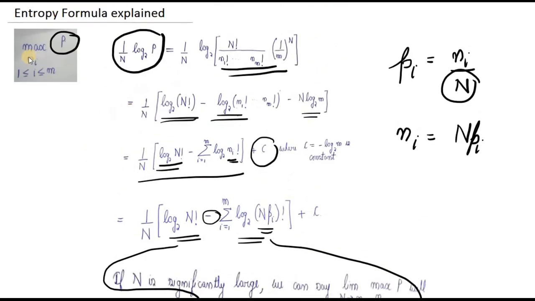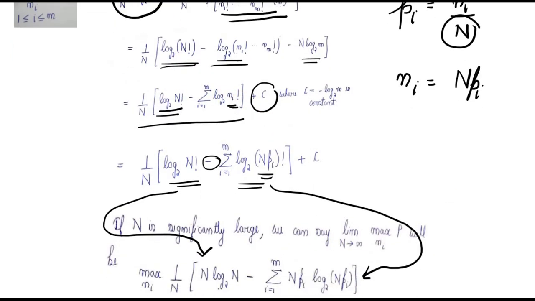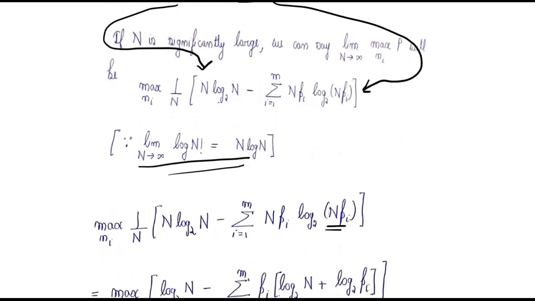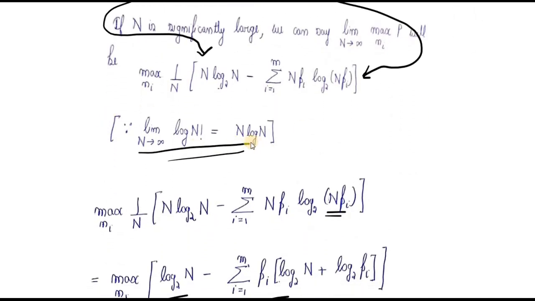So we started with the fact that we need to maximize the value of p. This is the value of p we needed to maximize. We felt that instead of maximizing p, it is quite easy to maximize a monotonically increasing function of p. We went ahead with this monotonically increasing function selected. We did a little bit of calculations and we came to the realization that we have a significantly large sample, then we can definitely use this property.